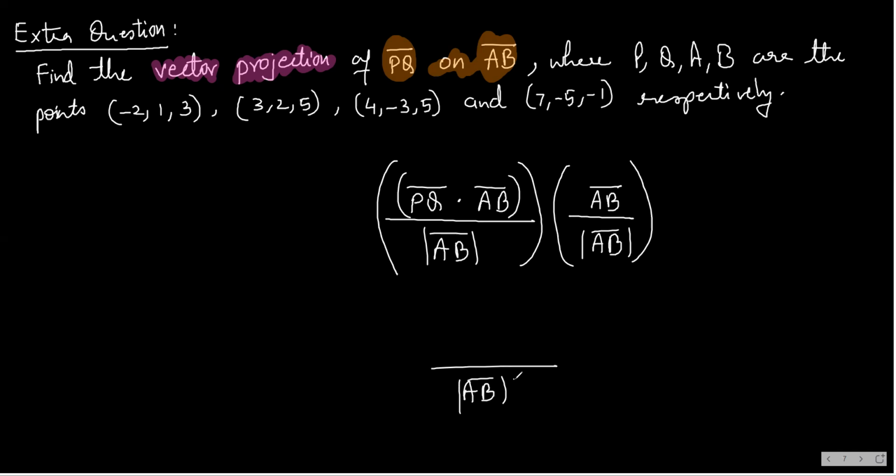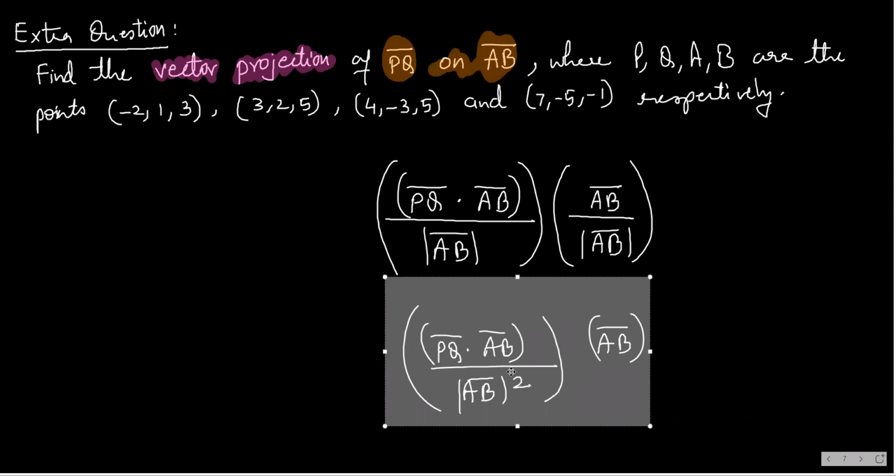When these two multiply, you get mod AB bar square in the denominator, and PQ bar dot AB bar times AB bar. So this is what you need to work for: PQ bar dot AB bar upon mod AB bar square, times this number times AB bar.